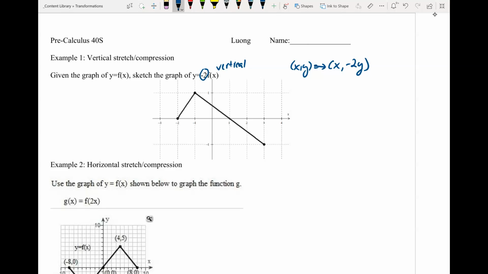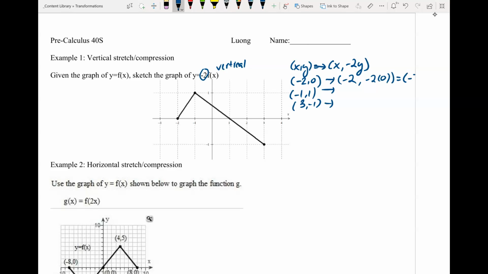Now I'm going to pick a few points from our graph. We have one at (-2, 0), one at (-1, 1), and one at (3, -1). I'm going to perform that transformation on them. The x values will always stay the same, but we're going to multiply our y value by negative 2.